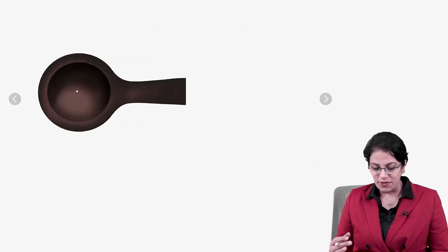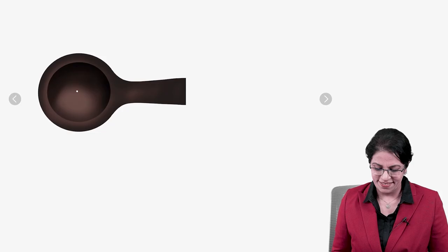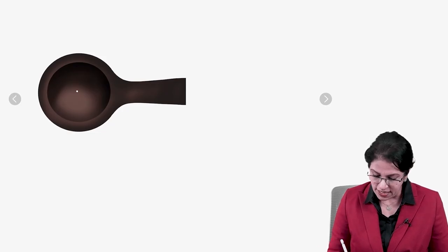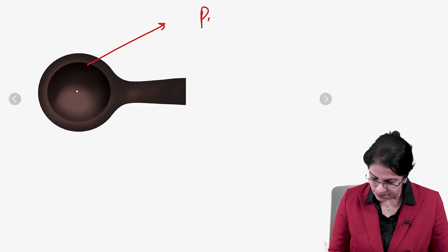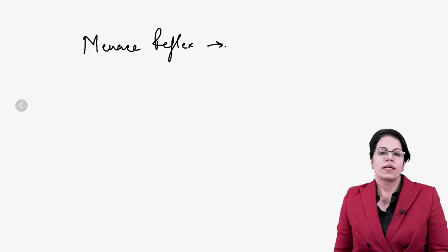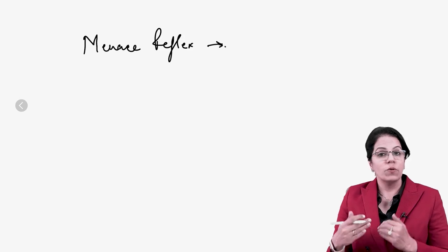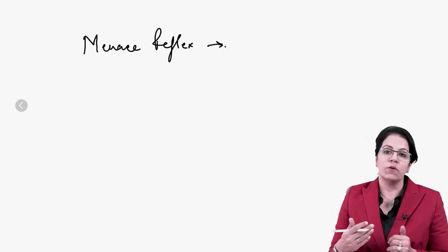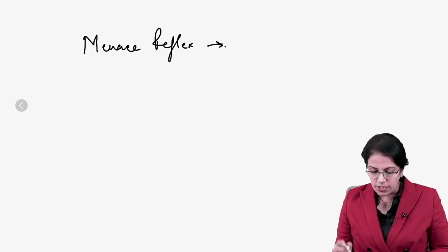Okay, next we talk about, what are you looking at? Yes, we all know we are looking at a pinhole. Once we were talking about the foveal reflex, another method of assessing visual acuity in a child can be the Menis reflex. Just know what is Menis reflex. We can elicit the Menis reflex only when the fovea has developed, that is around 5 months of age. So what is a Menis reflex?